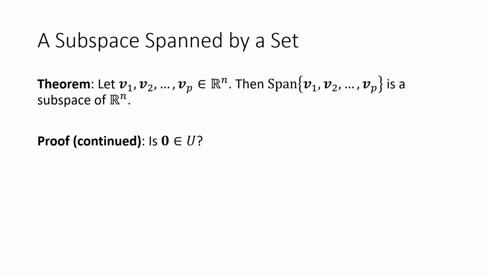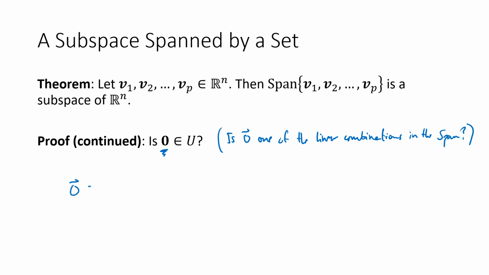So continuing with our proof, the next thing we have to check is: is the zero vector in capital U? In other words, is the zero vector one of the linear combinations in the span? Because that's what U is. Capital U is the set of all of the linear combinations of the v vectors. And so the question is, is the zero vector one of those?